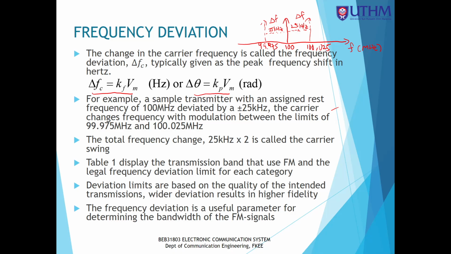This 25 kilohertz is what we call the frequency deviation, delta F. So 2 times delta F is what we call the carrier swing. Remember, in angle modulation, the carrier frequency changes in accordance with the input signal variation. It mentioned Table 1, so we will see that later.